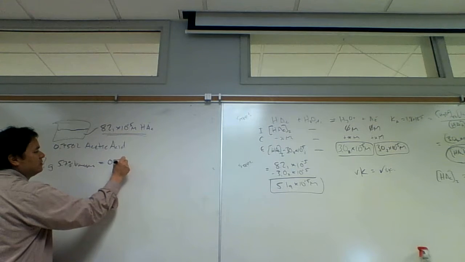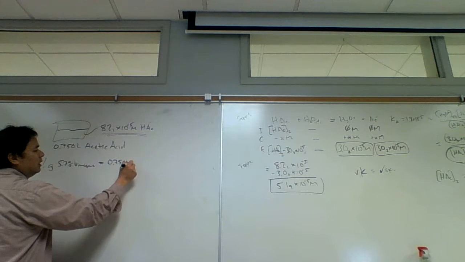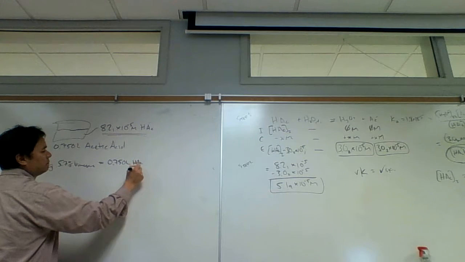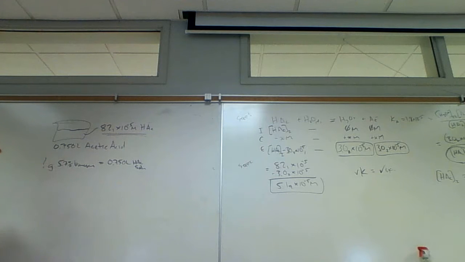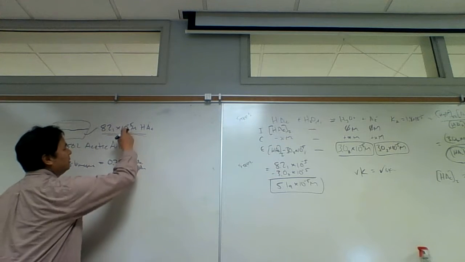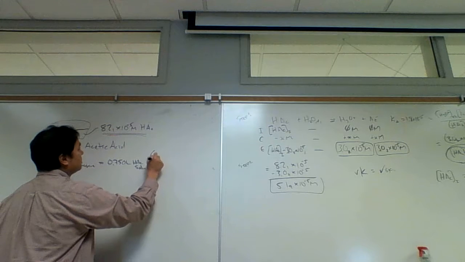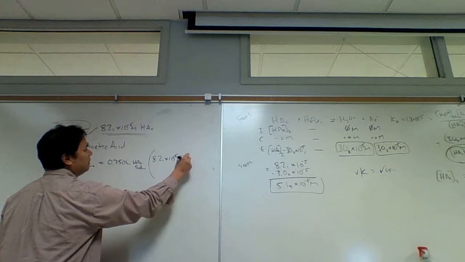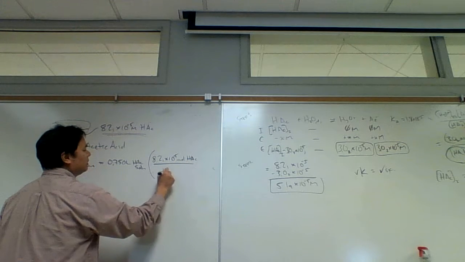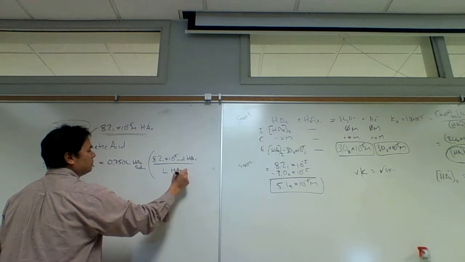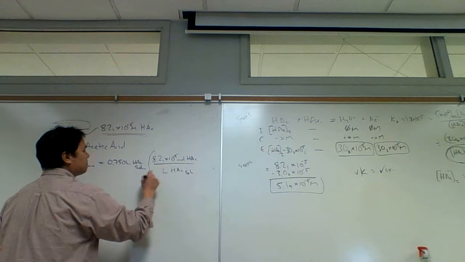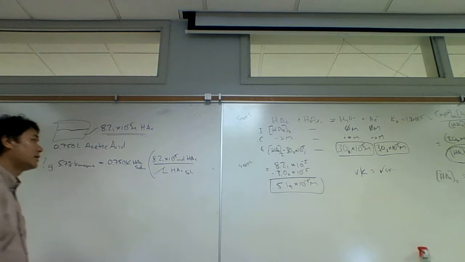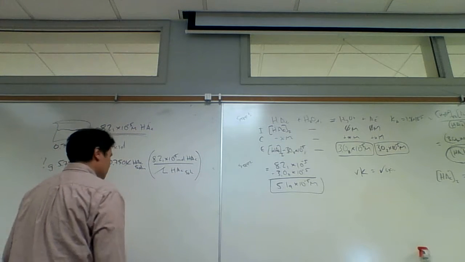We have 0.750 liters of HAC solution, and this HAC solution has this molarity, 8.21 times 10 to the minus 5 moles of HAC per liter of HAC solution. And so the liters of HAC solution cancel, and that gives us moles of acetic acid.